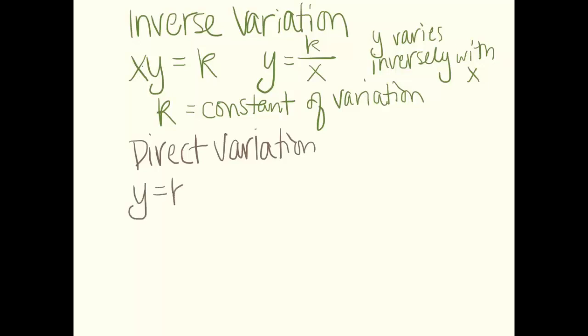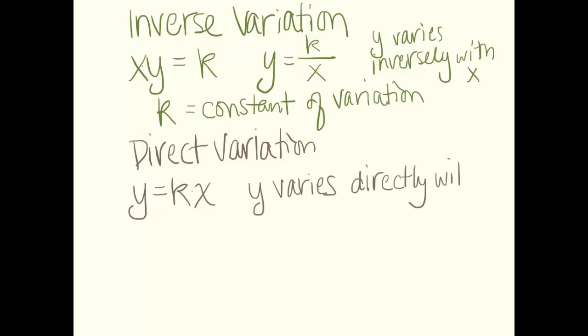Y equals your constant of variation times X. Think about what the graph of that would look like. It would, of course, be linear with a y-intercept of 0. Y equals K times X. We would still call K our constant of variation, but this time we would say this as Y varies directly with X.